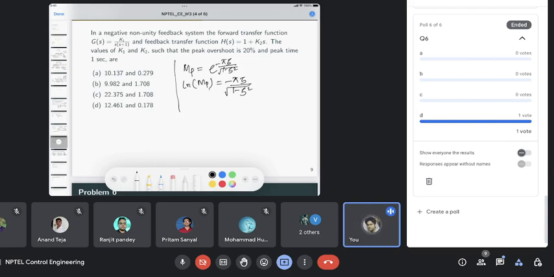So take the square on both sides, so it is ln square MP equal to pi square zeta square by 1 minus zeta square. Multiply this term with this, so you have ln square MP minus zeta square ln square MP equal to pi square zeta square.